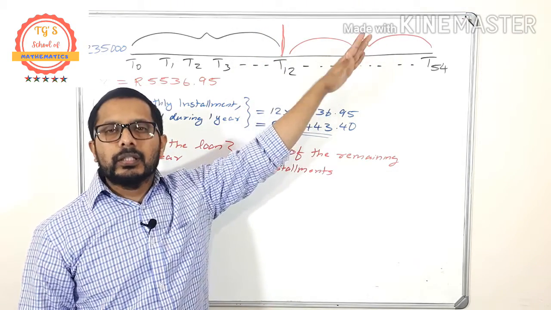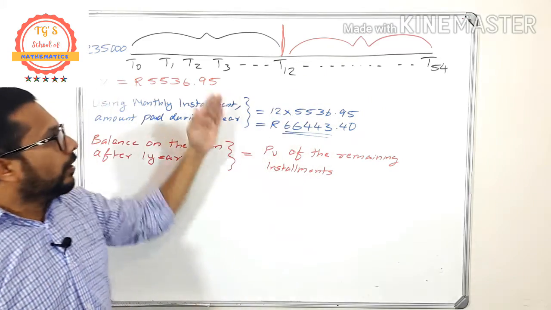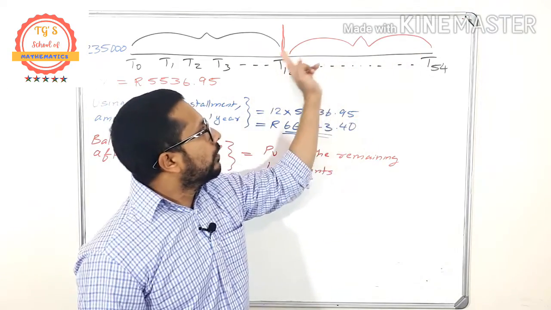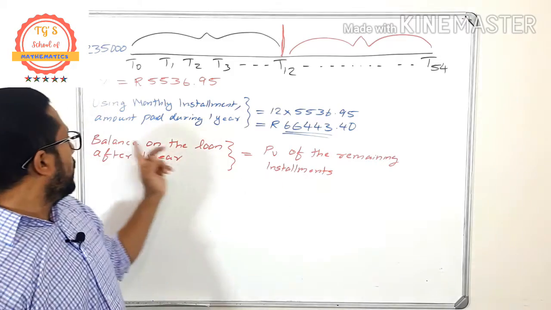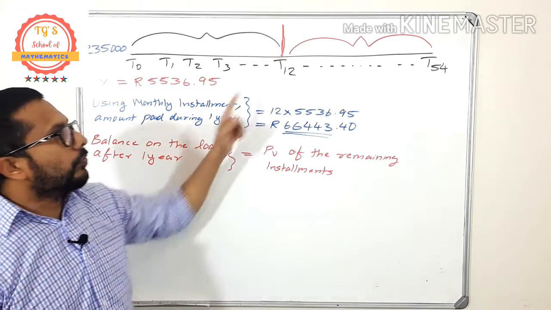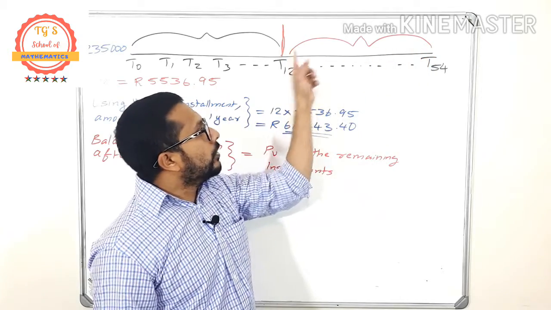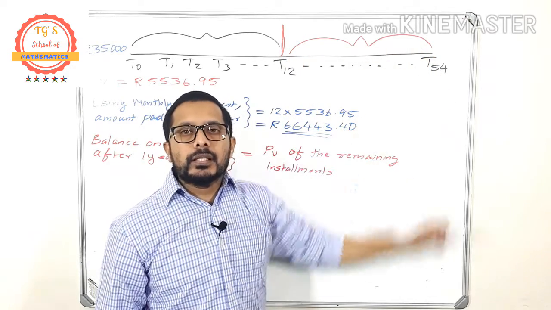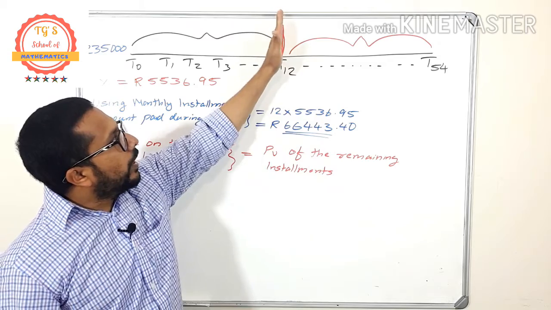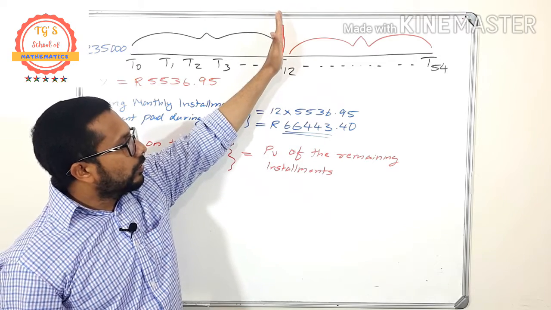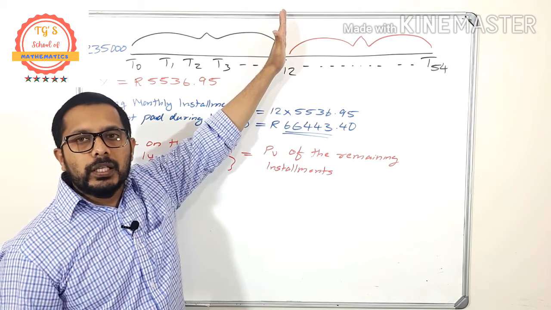Am I right? There is a logic in that one. Balance on the loan after 1 year. What is the balance after 1 year? Okay, from this T12 to T54. That is the same as the present value of the remaining installments.